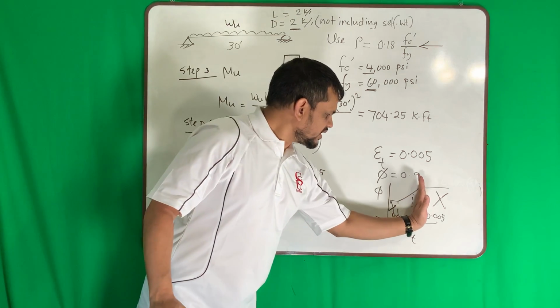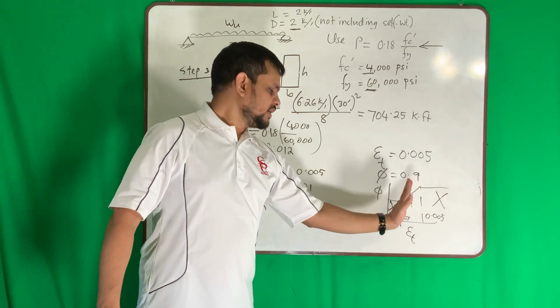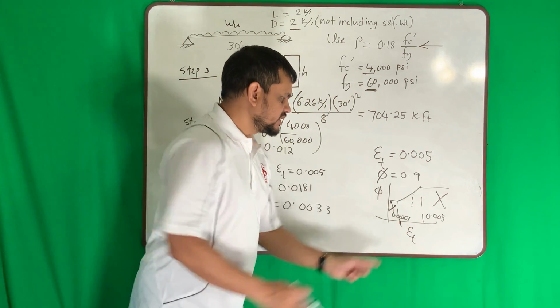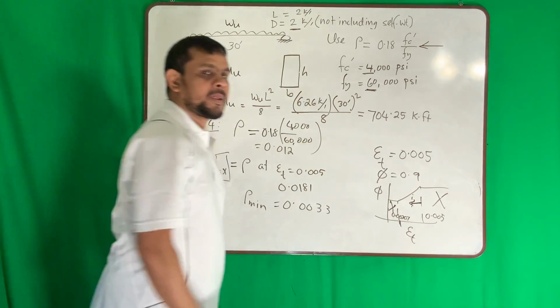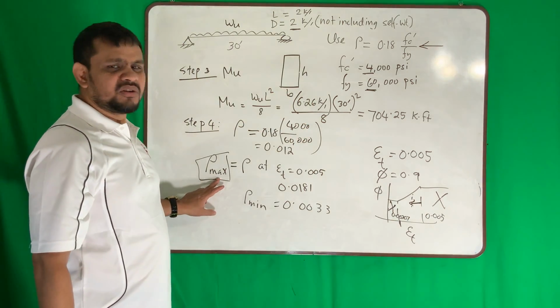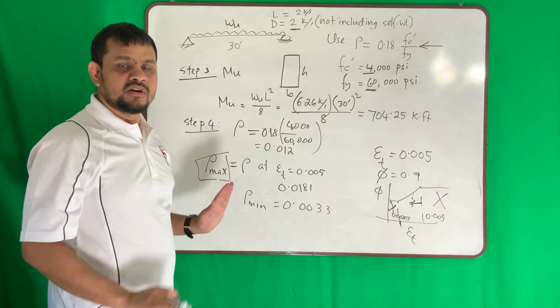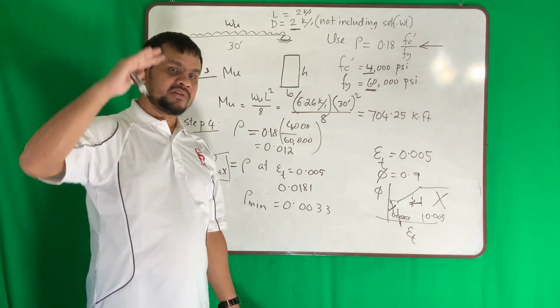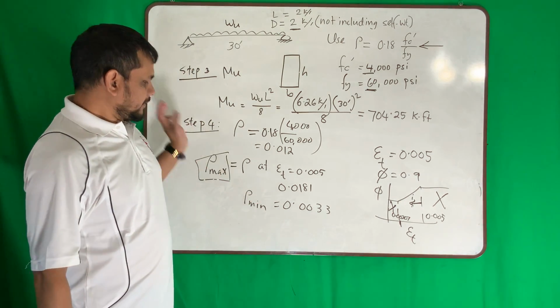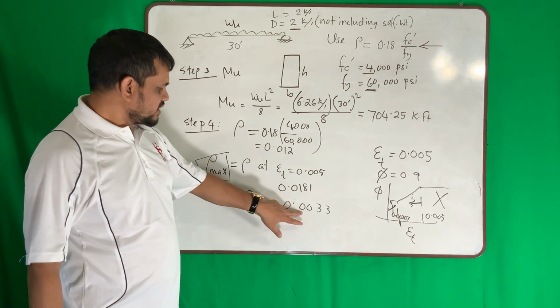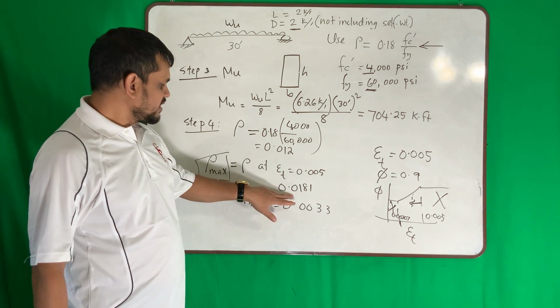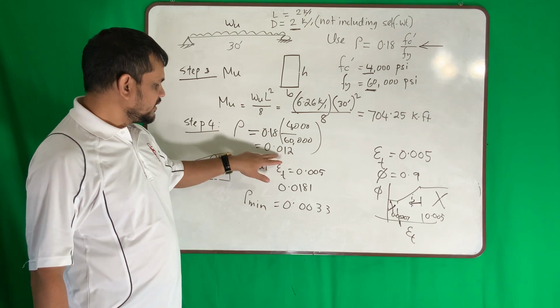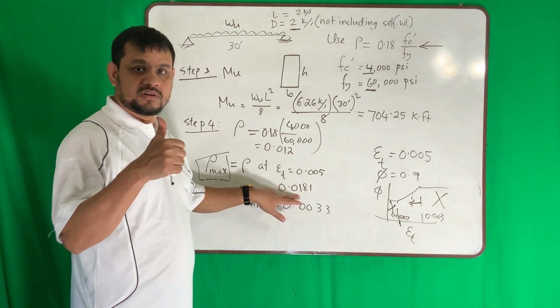Rho max means whatever will give me this. If we use more than that, our section will come to this side. So this is why sometimes we call it rho max, but it is actually not. Rho max should be the balanced, the boundary. Okay, whatever. So minimum is 0.0033, max is 0.0181. Our value is in between these two, so good.